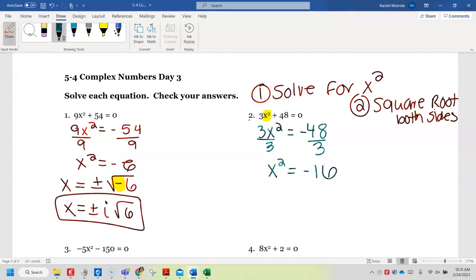And I get x squared equals negative 16. 16 is a perfect square, but it has the negative, so you get x equals plus or minus the square root of negative 16. We think of that as the square root of negative 1, which is i, and the square root of 16, which is 4. So we get x equals plus or minus 4i.